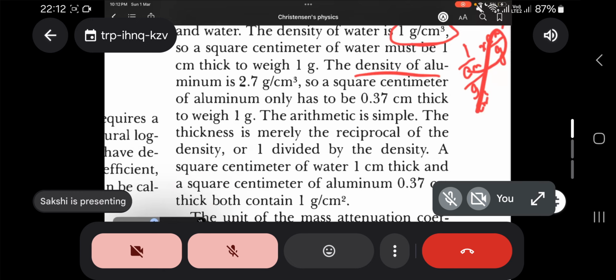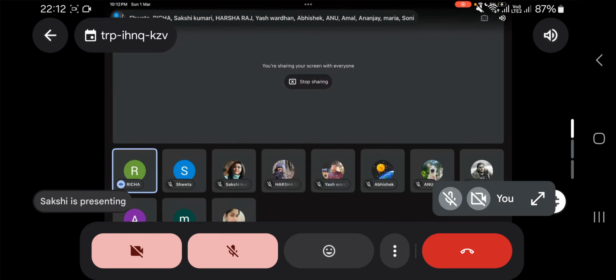Everyone went home, no, for Holi celebration? Yes, ma'am. So where is your home, Richa? Ma'am, Nawada. Oh, Nawada. This is nearby to my home. My home is in Gaya. You might know Gaya actually. Yes, ma'am. It's just, I think, 80-90 kilometers away. And what about Yashwardhan? You went home?